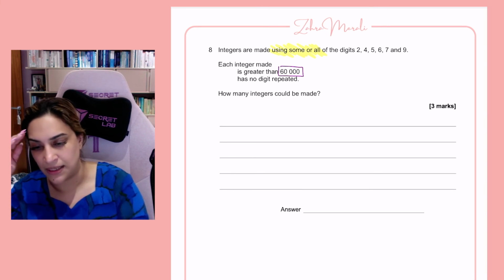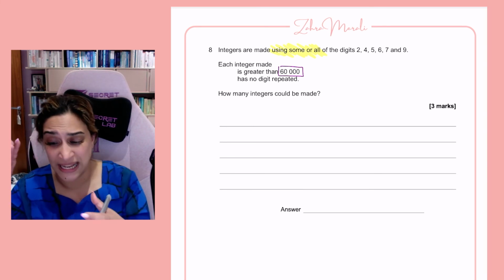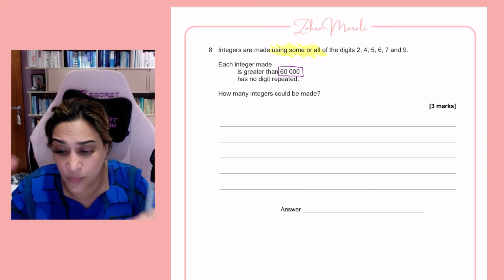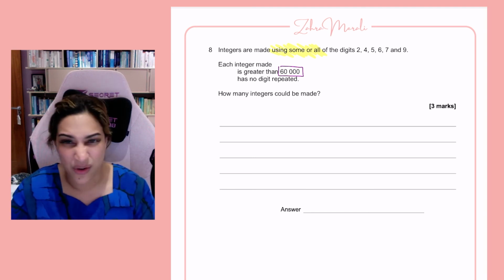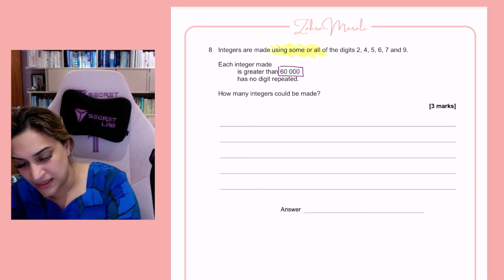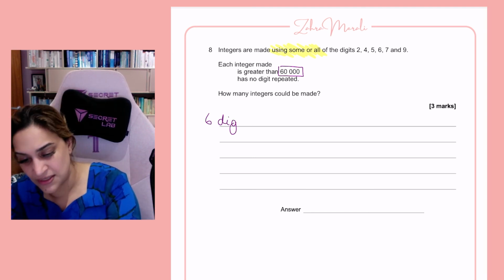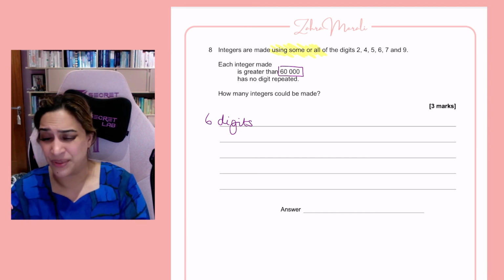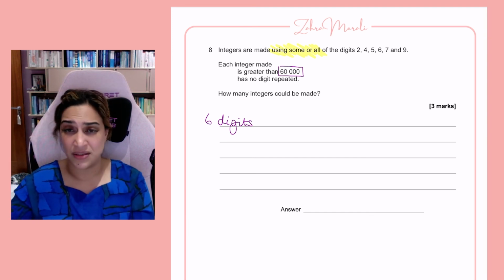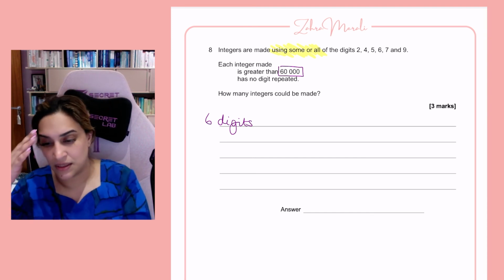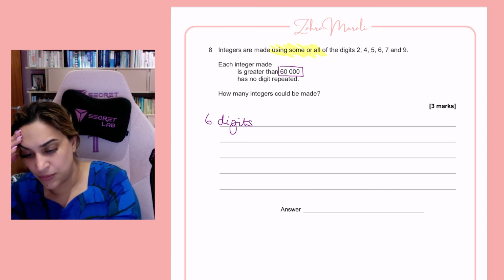So we're thinking how many integers can be made? Now, we could have all 6 digits, at which point it doesn't matter what the first value is. So if we look at 6 digits, you could choose any number, because even if it's 2, it's 200,000, which is bigger than 60,000. So here we've got, could be any of the 6 numbers.